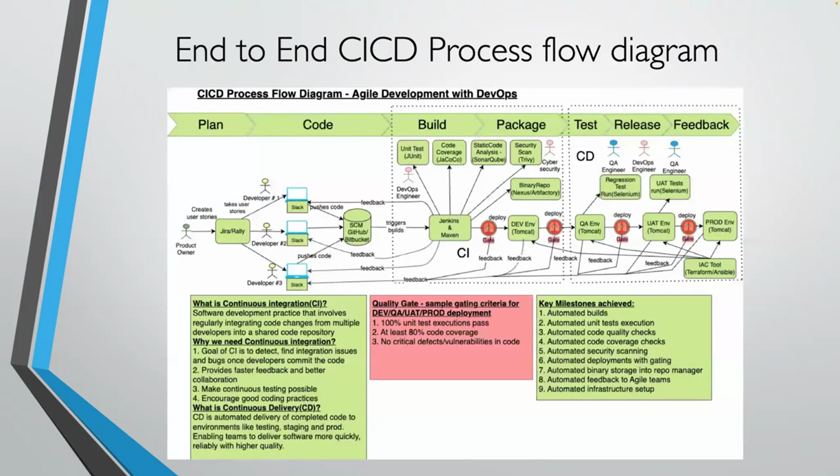So now let's try to understand what quality gate means and where it can be used as part of CI/CD implementation. Let's say that you are a DevOps engineer responsible for implementing the CI/CD workflow.